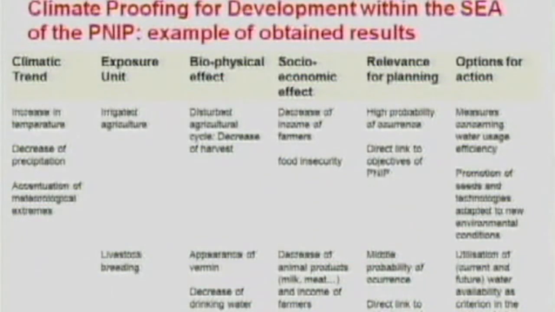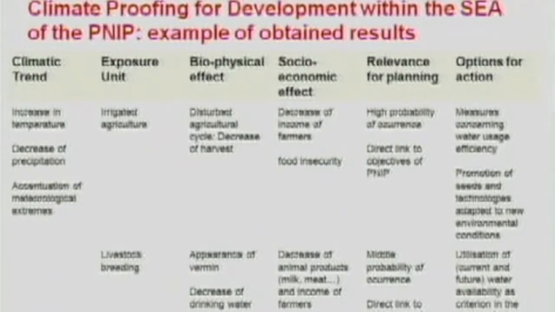So when we have done these 4 steps and these minor steps, how would this look? This is one adaptation table, with the climatic trends on the left side. For an adaptation table for the PNIP, which was done, I have just taken some examples.